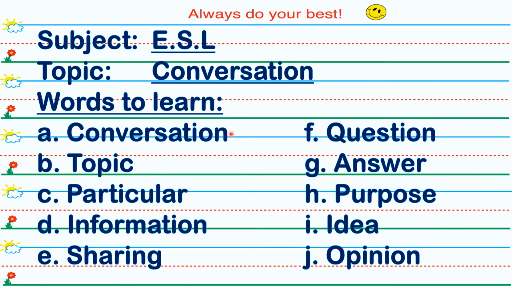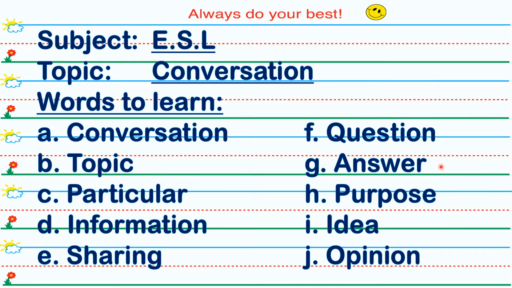When you say conversation, it means talking with another person. Topic: what are you talking about? Particular: what is the subject matter? Information: it can be an article, a current event, news. Sharing means to spread information that you got. Question means you want to ask.